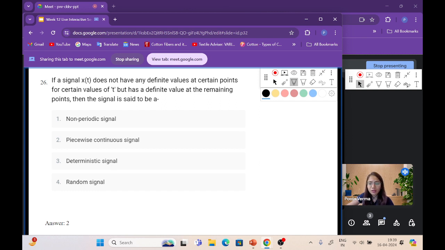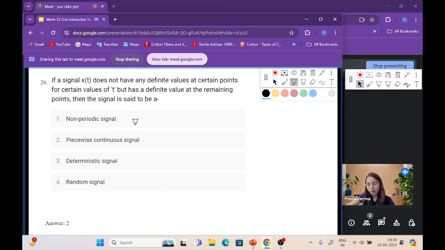It is given that if a signal x(t) does not have any definite value at a certain point for a certain value of t, but has a definite value at a remaining point, then that signal is said to be what? As we know, what is a non-periodic signal?